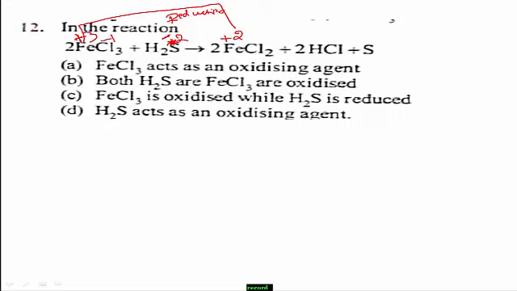Yes, -2 to 0. On the product side the elementary form is given, so it is 0. As here the oxidation number of sulfur changes from -2 to 0, hence H2S is oxidized and acts as a reducing agent. Thus, only FeCl3 acting as an oxidizing agent is the right answer. Option A is the right answer.